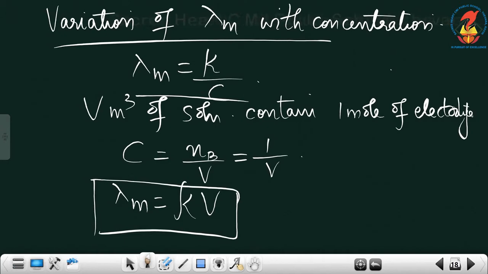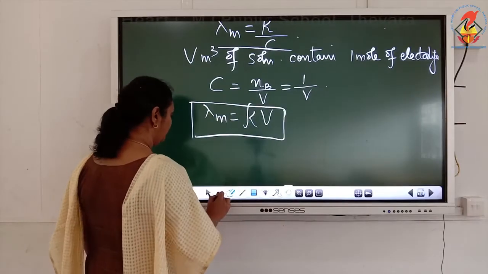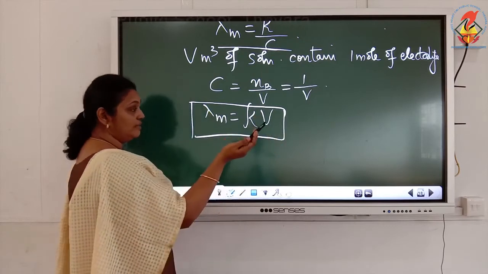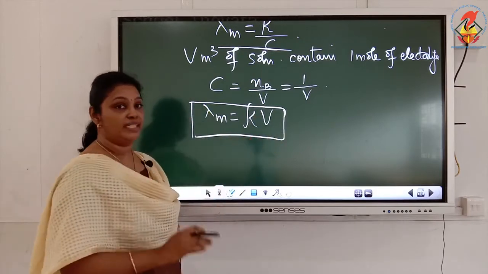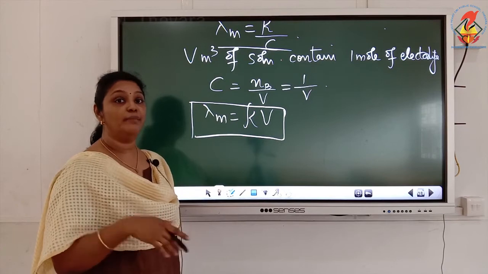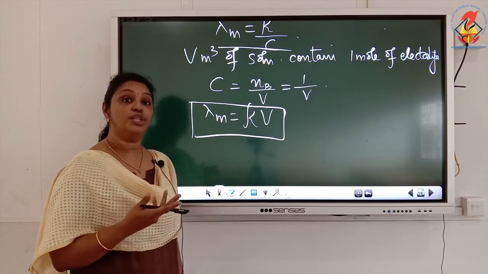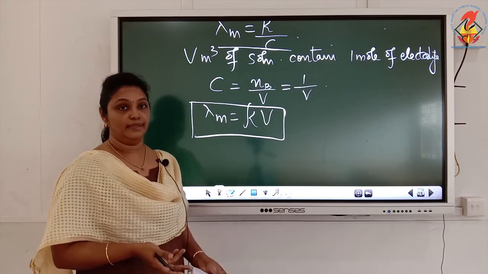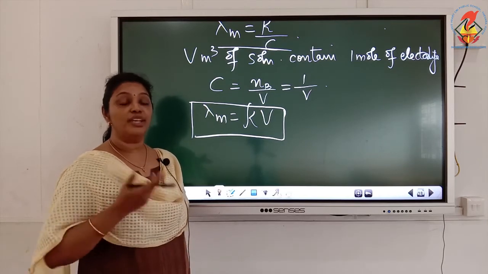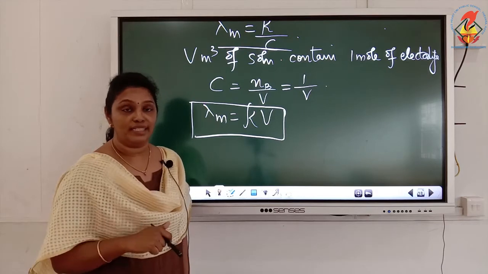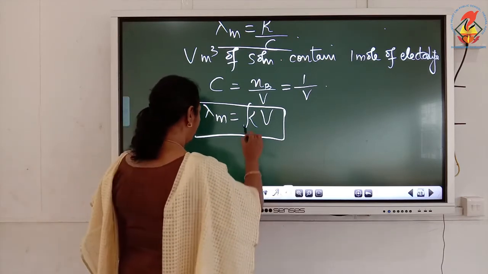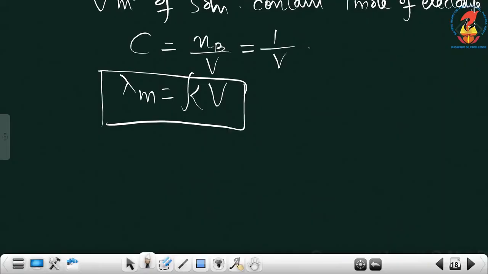Now, when you look at this expression, you can see that as volume increases, molar conductivity increases. Volume increases means as dilution increases, molar conductivity increases. And if concentration increases, molar conductivity decreases. So what is the variation of lambda m with concentration?